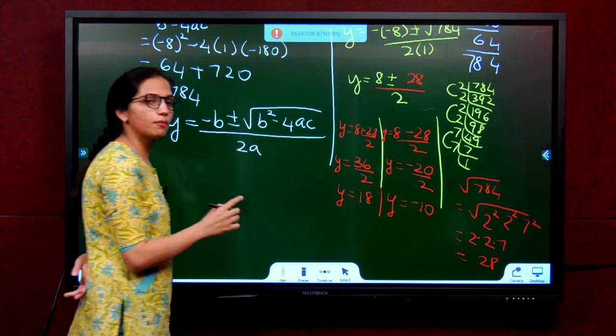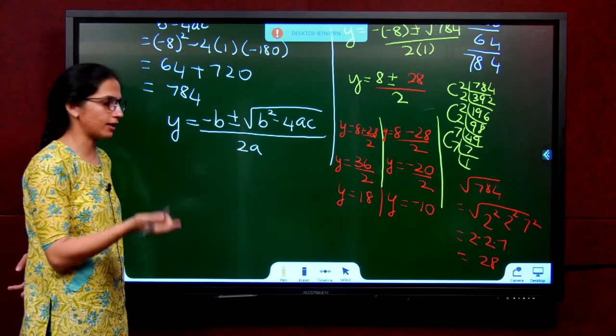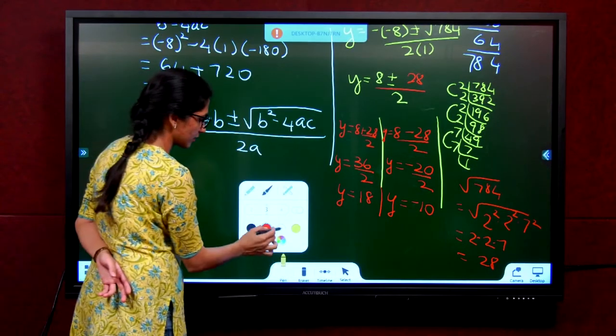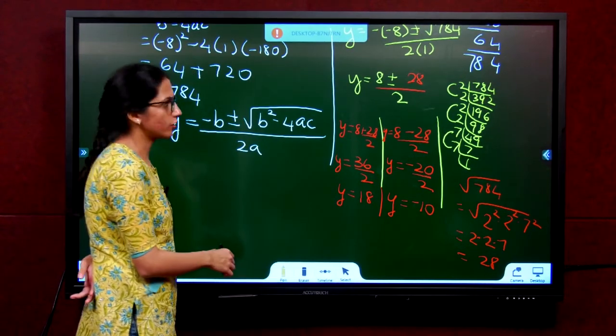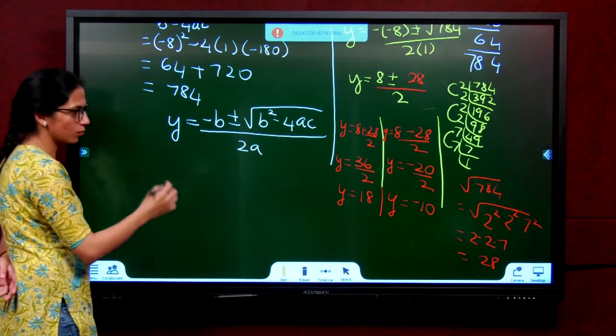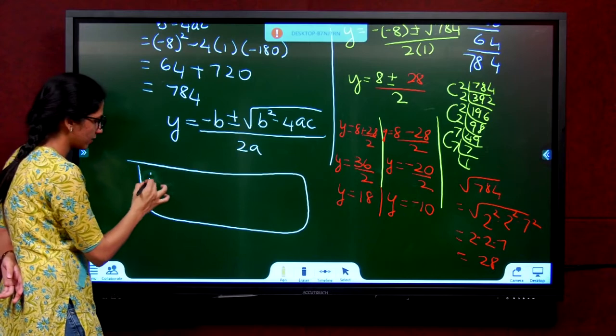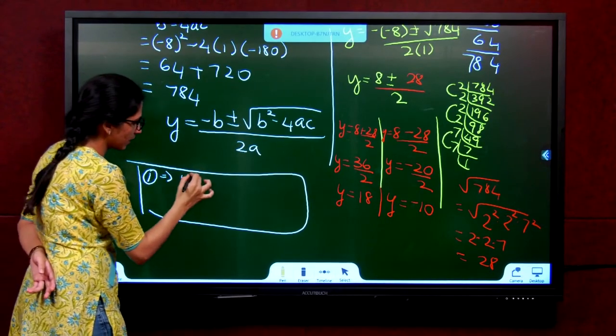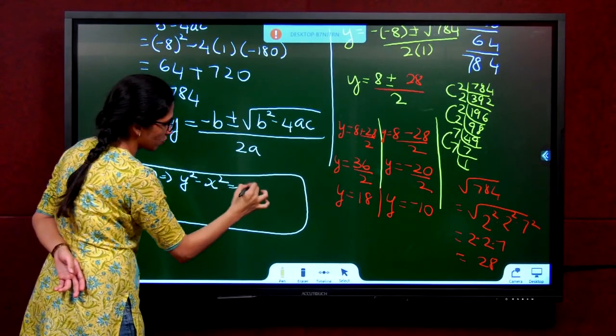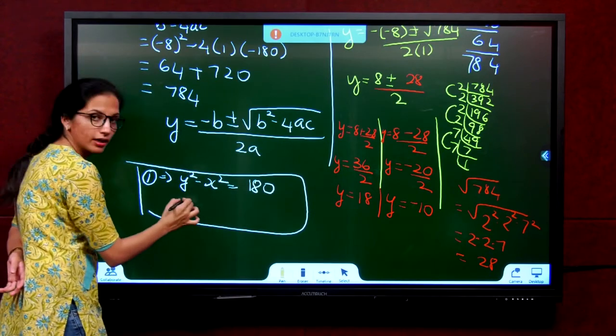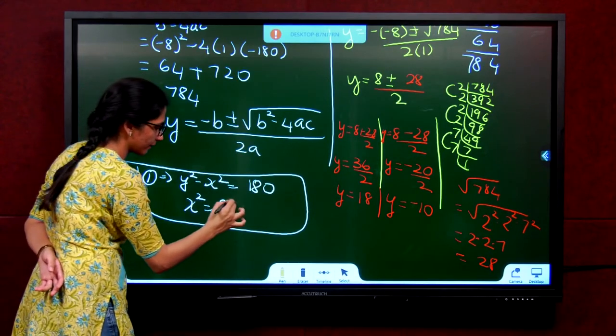Now you have to see whether both are valid or should you reject one, like how we rejected it in previous questions. So now how do we decide what to reject? Go back and see equation 1 and 2. I will write it down here for reference. What was equation 1? y square minus x square was 180 and you got x square is equal to 8y.